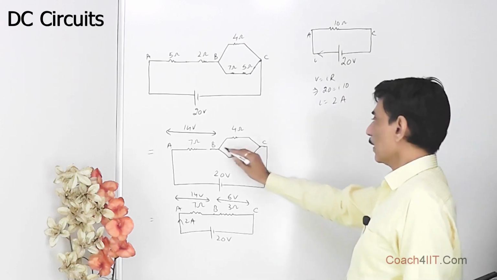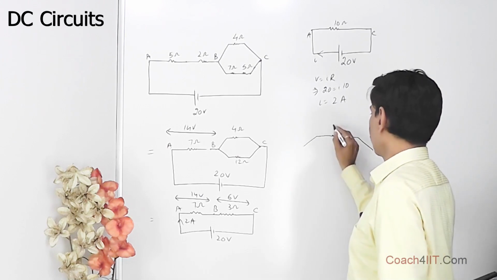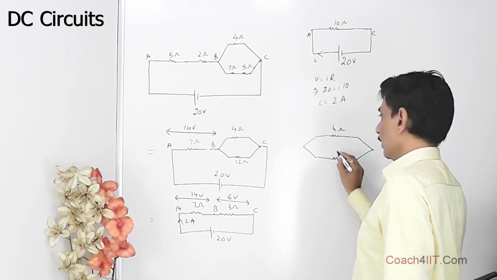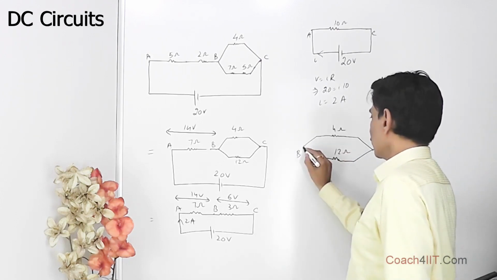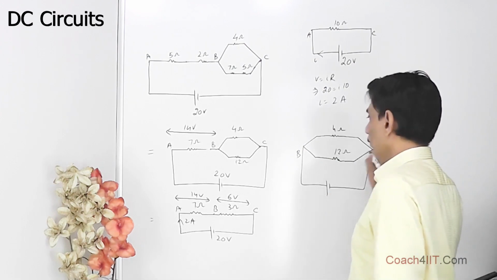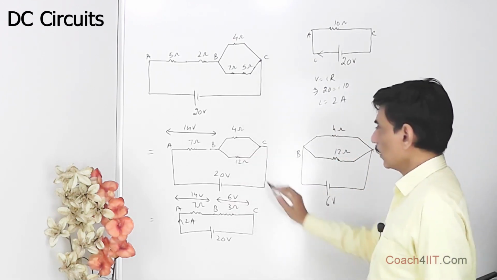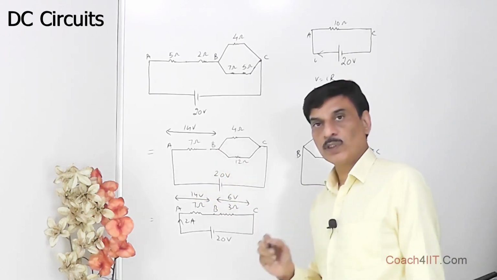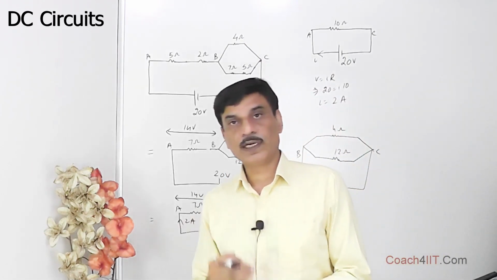What does it mean? If we take these two resistors, this one is 4 ohm, and here we have a resistance of 12 ohm. Between B and C, it is equivalent to a battery or potential difference of 6 volt, because the conventional current is flowing in this direction, and we know the conventional current, or positive current, flows from a higher electric potential to a lower electric potential.